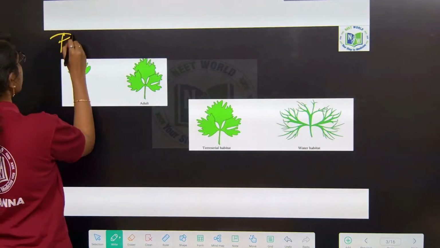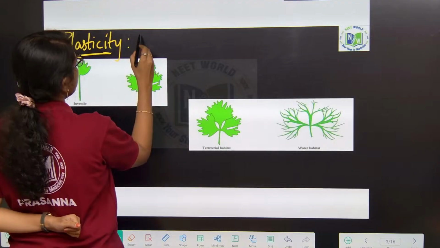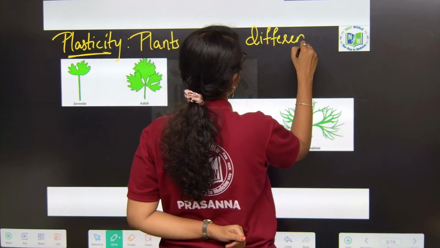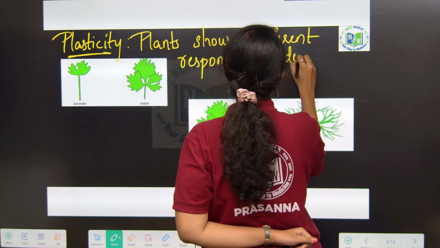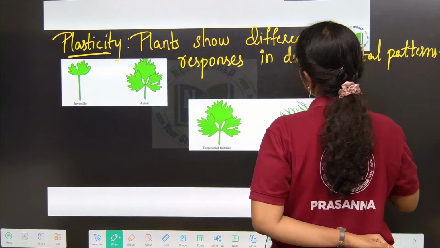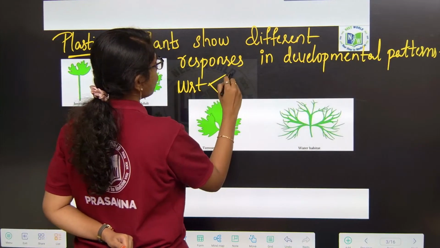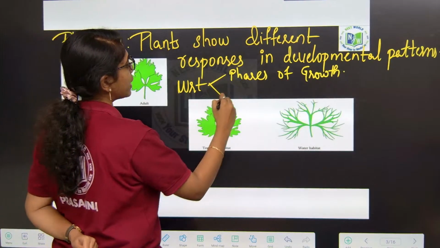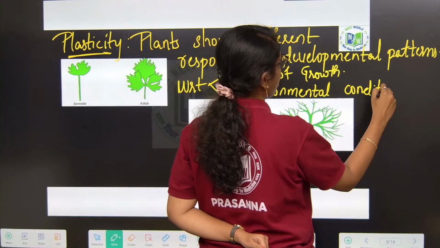Plasticity is nothing but plants show different responses in developmental patterns with respect to either phases of growth or environmental conditions.